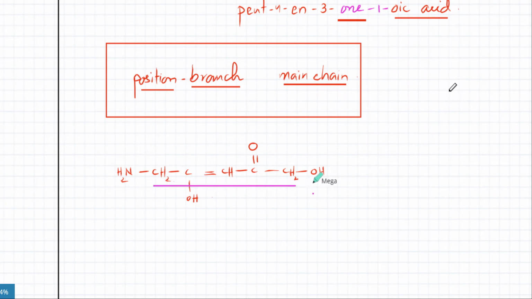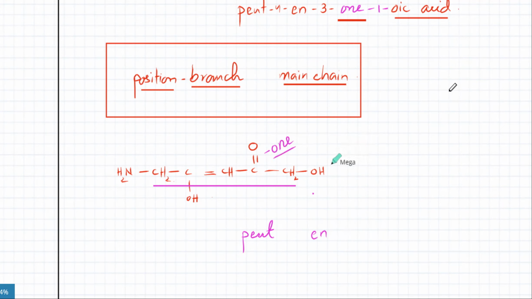Starting with the first thing, the total number of carbon atoms that you have is 5. So the molecule will have pent at the start, and it's got a double bond, so instead of the -an, it's going to be -en. Now, which one is the most important functional group over here? It's got a ketone, so the suffix should be -one.